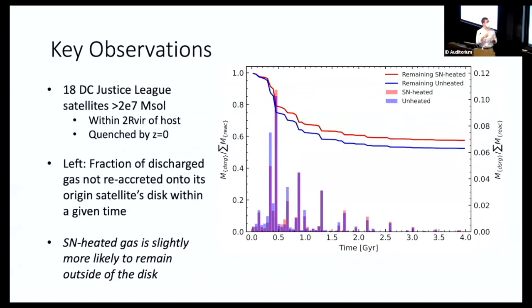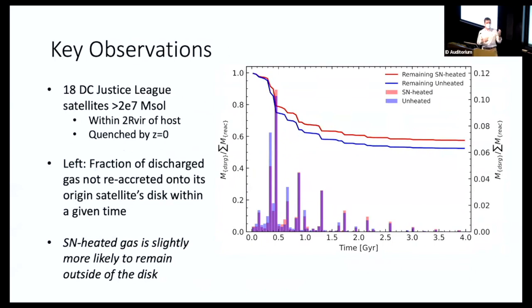And we have specified that they quench by redshift 0, and they fall within 2 virial radii of their host galaxies.